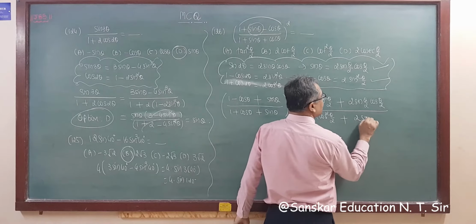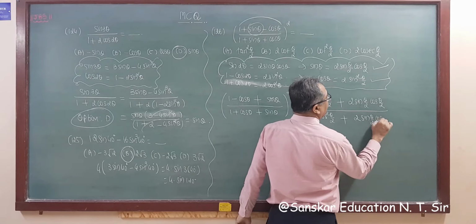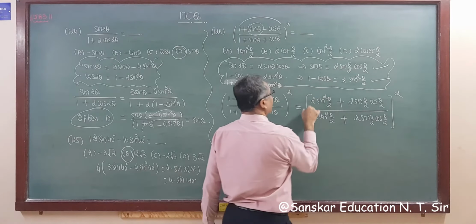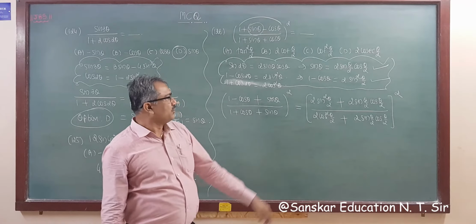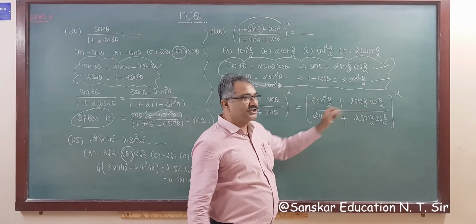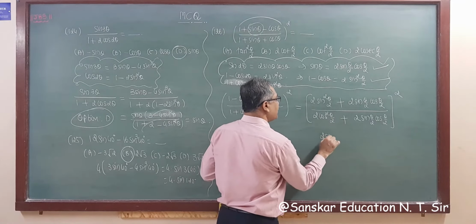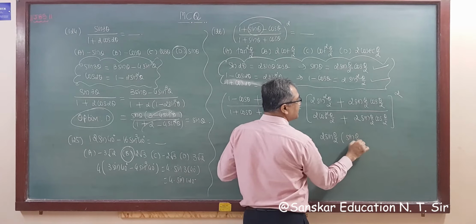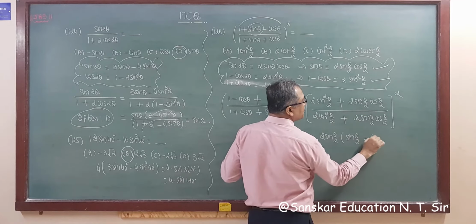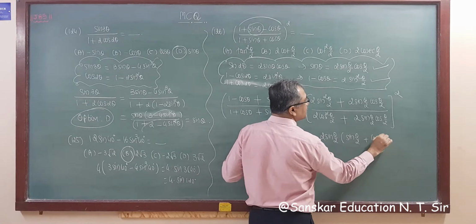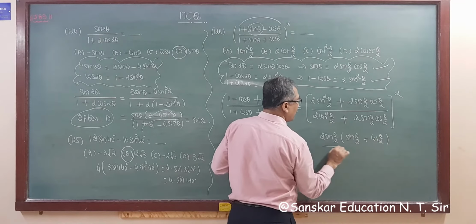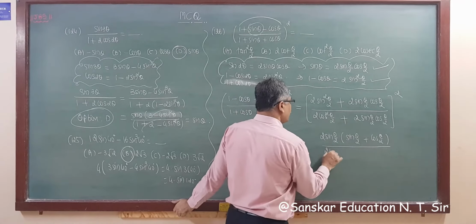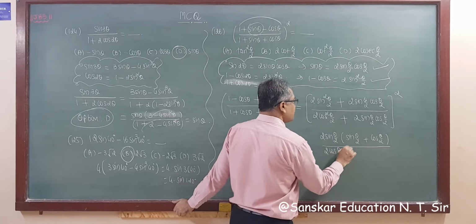So this is 2 sin theta by 2 into cos theta by 2, and this is whole square. In numerator 2 sin theta by 2 is common. So taking 2 sin theta by 2 common, remaining term will be 1 sin theta by 2 is remaining here, and here cos theta by 2 remaining. So this is cos theta by 2 whole upon, denominator 2 cos theta by 2 is common. So 2 cos theta by 2 is common.